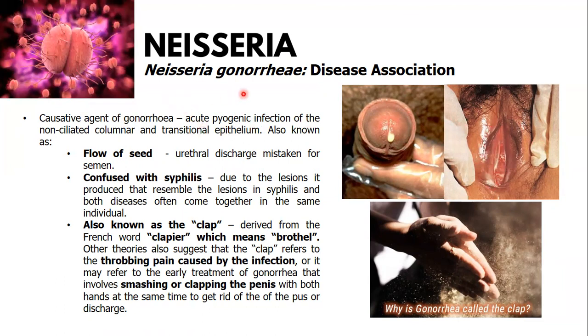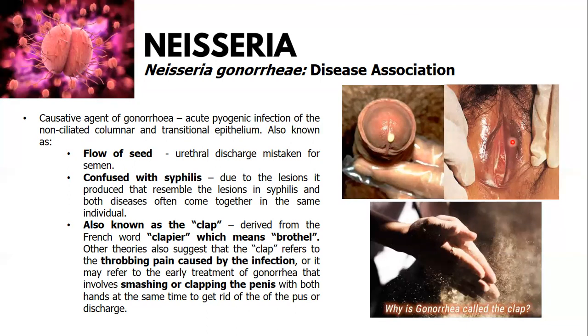Neisseria gonorrhoeae infects non-ciliated columnar and transitional epithelium. I'll repeat, Neisseria gonorrhoeae infects non-ciliated columnar and transitional epithelium, which are found in the urogenital tracts of males and females. And when they infect these types of cells, it would result in the formation of pus.